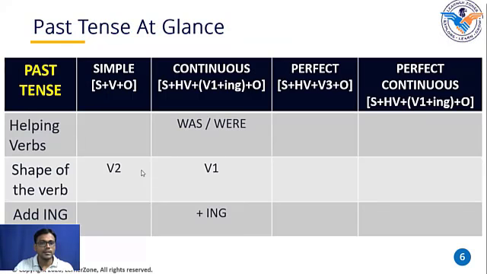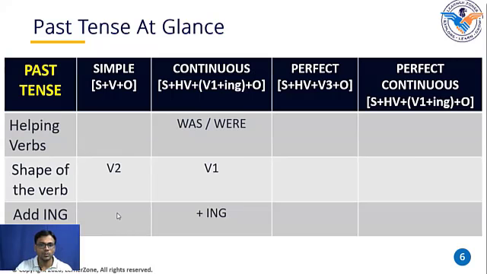So, past tense at a glance. Currently we have checked simple past tense and past continuous tense. Are we using any helping verbs in simple past tense? No, right? We are not using any helping verbs, but we are using the second shape of the verb, and we are not adding any ing.